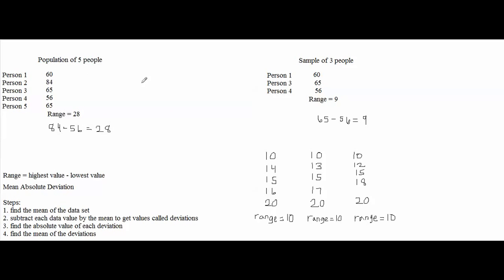So what's the mean of this population? To get the mean, we have to add the 5 numbers and divide the total by 5. What do we get when we add these 5 numbers?